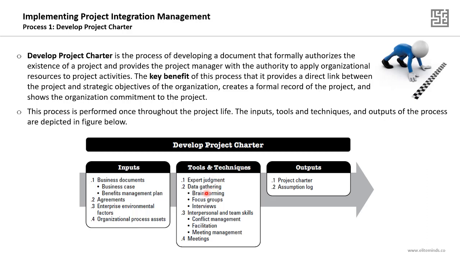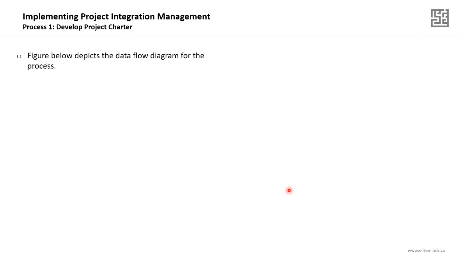You will use some of the data gathering techniques like brainstorming, focus groups, and interviews, interpersonal and team skills like conflict management, facilitation, and meeting management, in addition to meetings. So we can use 4 tools and techniques in this process. The key outputs of develop project charter are the project charter, which is the most important output, and the assumption log.